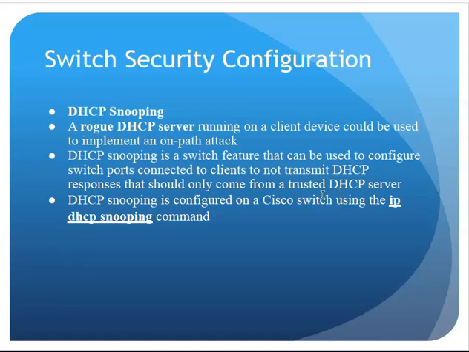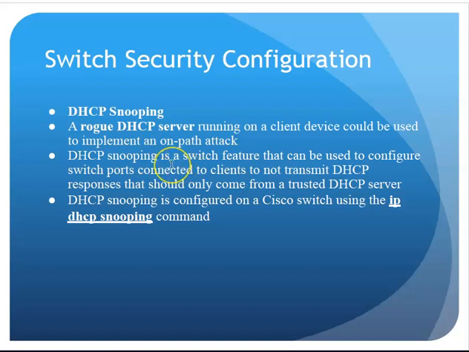DHCP snooping. A rogue DHCP server could have a client computer gen up a virtual machine and have it running like Linux and have it turn into a DHCP server. That could be used to send out false DHCP messages so they're pointing to some other entity.